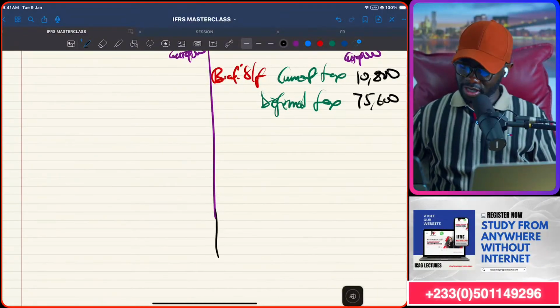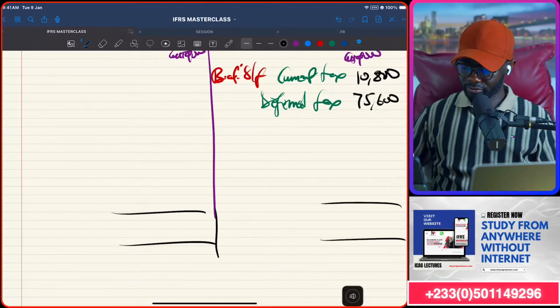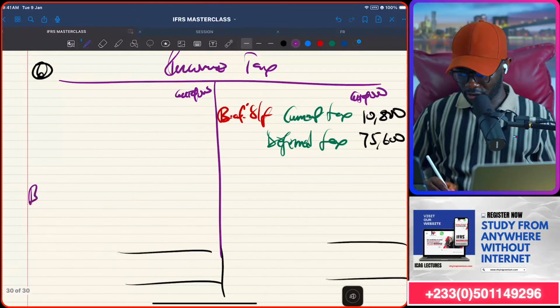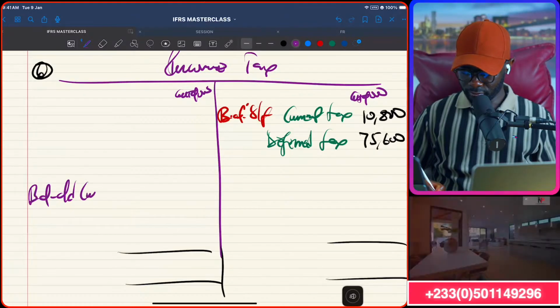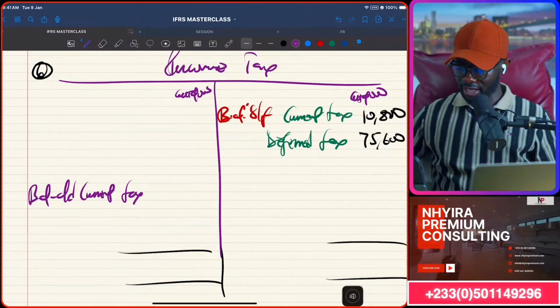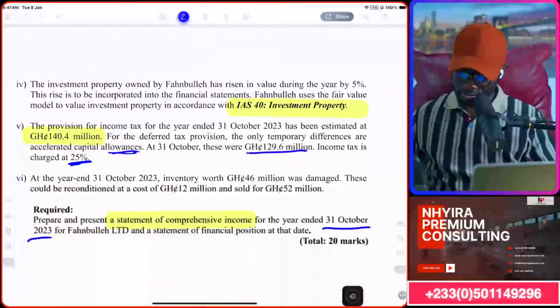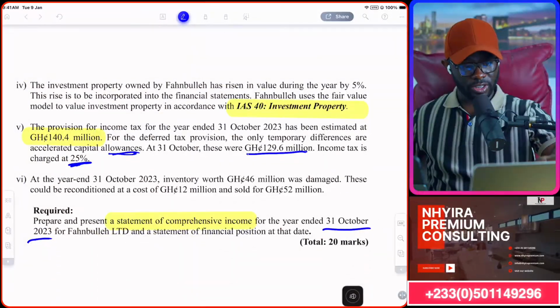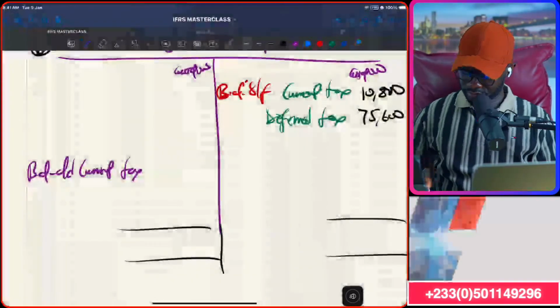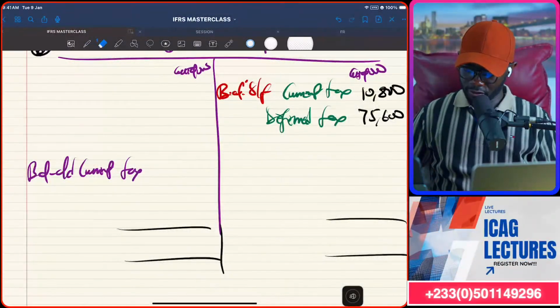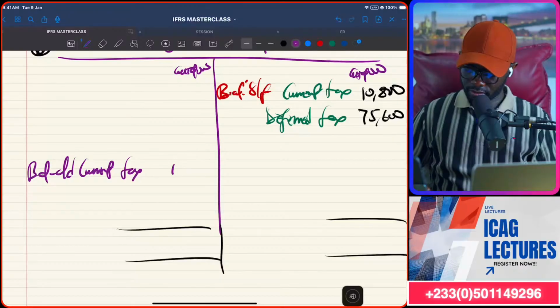So you're going to pretend to close this account. So you get a closing figure. Current tax is the provision for the year, which we are told is 140.4 million. So 140,400.